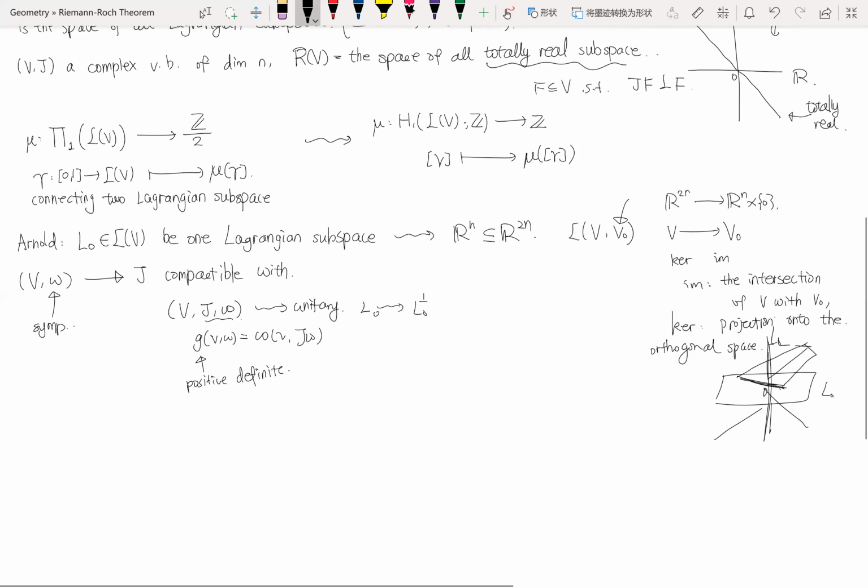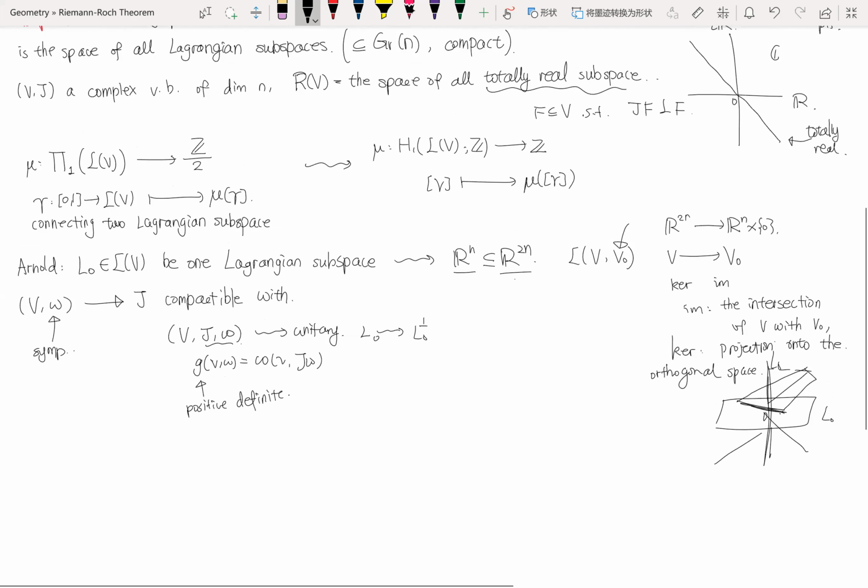Because the dimension of the Lagrangian subspace is half the dimension of the original symplectic space, we know that in generic cases, L intersect with L0 is trivial.